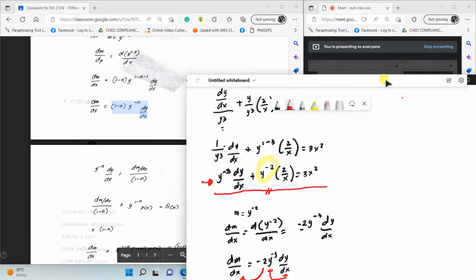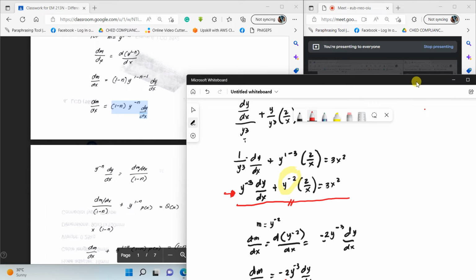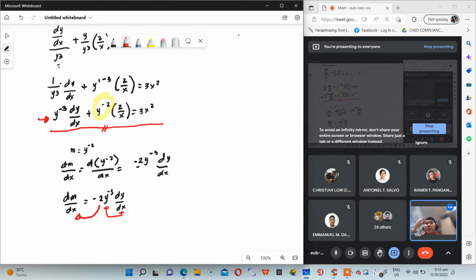So that's the process. Okay. From there, we could rearrange this one so that dm over dx over negative 2 equals y cubed dy over dx.